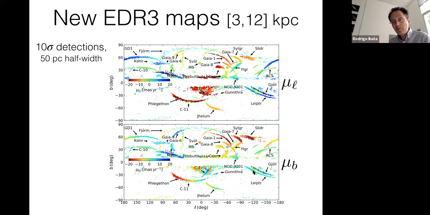On the other hand, whether there are dark matter lumps, my own feeling is that it would be nice to take a skeptical approach and see how far that goes, just how far can we push other more mundane ways of causing the structures that we see in the streams.